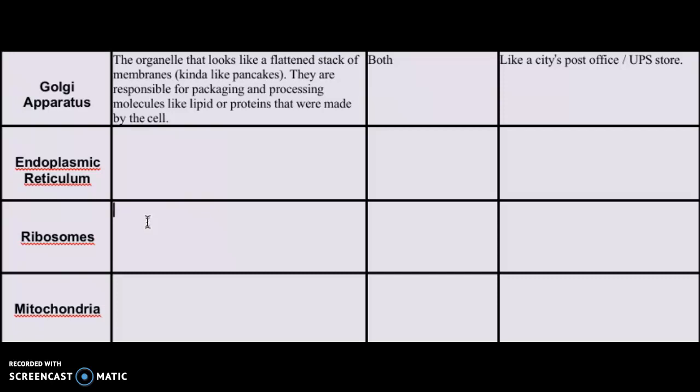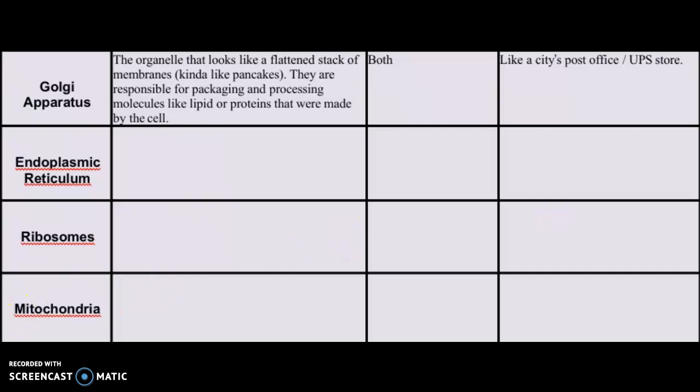And if you had to compare it to a city, I would say that a ribosome is kind of like a brickyard, meaning that it's the thing that supplies the entire city with what it's made of. So the entire cell is made out of proteins, and the ribosome is the one that produces those proteins. So you can compare it to a brickyard that supplies the city with what it's made out of.